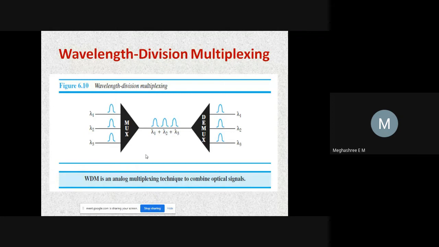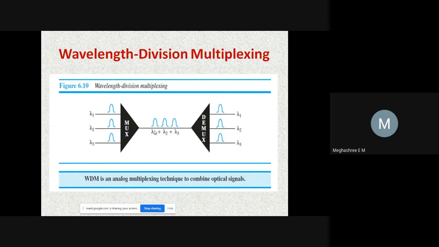Okay, see, this method is for fiber optic cable, whereas the previous one was for twisted pair cable transmission links. But this WDM is used for fiber optic cable. And you all know that the data rate of optical fiber is higher than the data rate of any metallic transmission cable.